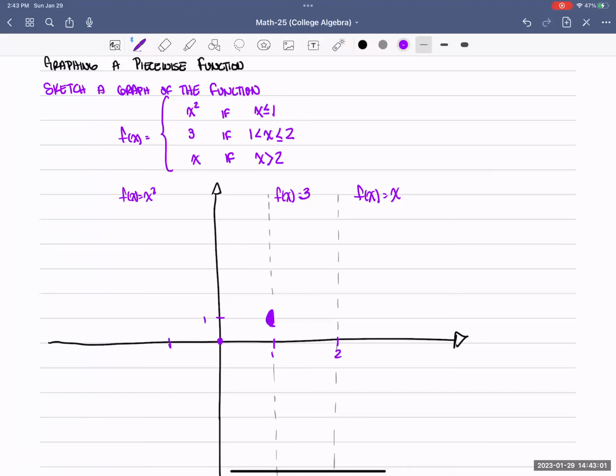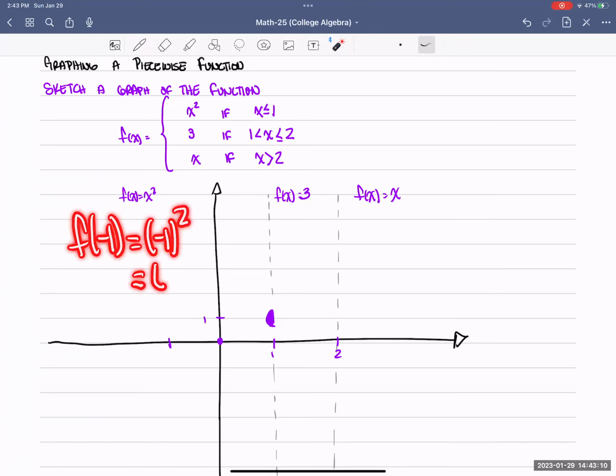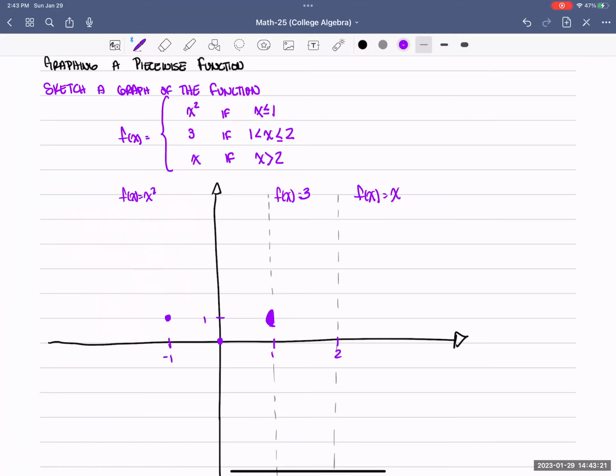Let's try -1. So f of -1 is equal to -1 squared. -1 squared is +1. So this gives us a point -1 comma 1. When x is -1, y is +1. And lastly, let's try -2. So f of -2, that's -2 squared.